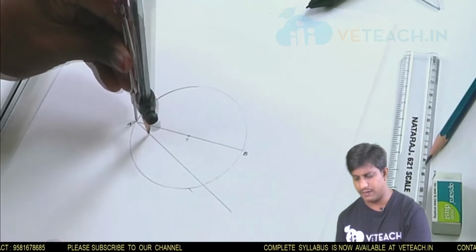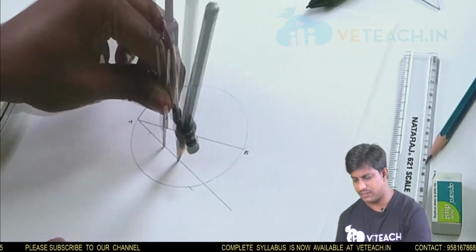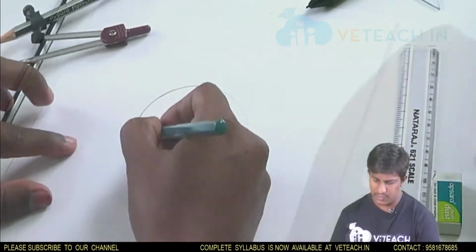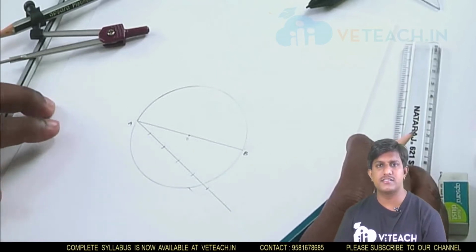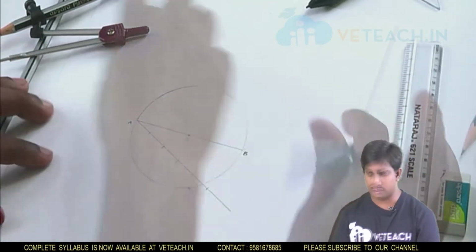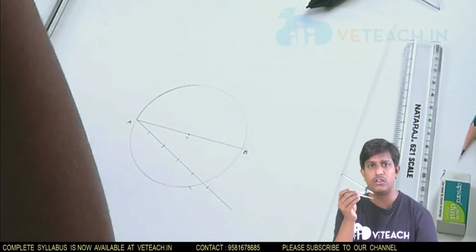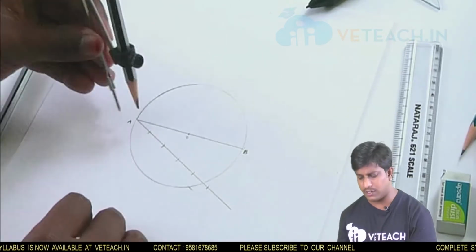I am drawing 5 arcs here, extending this line into 5 parts. Here I have drawn 5 parts. Why? Because in the question he has given a pentagon, that's why I have drawn only 5 arcs. The length is your wish, you can take 1, 0.5, 0.6, but you have to take it equally.